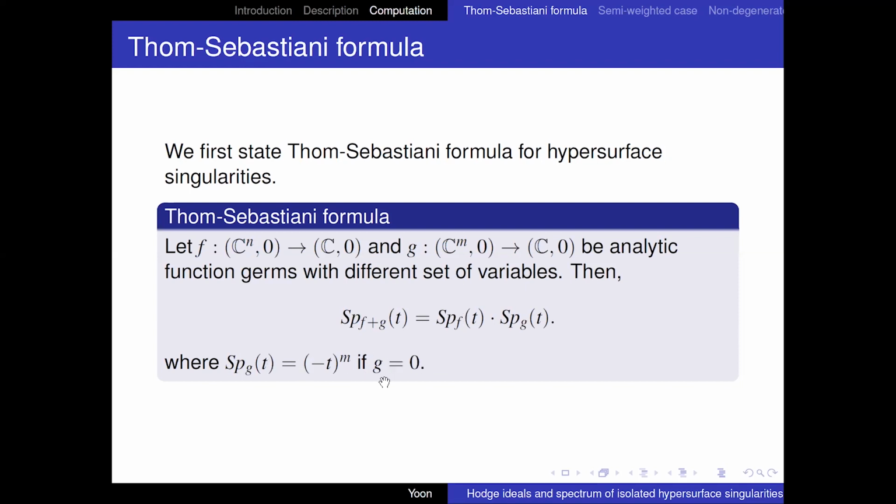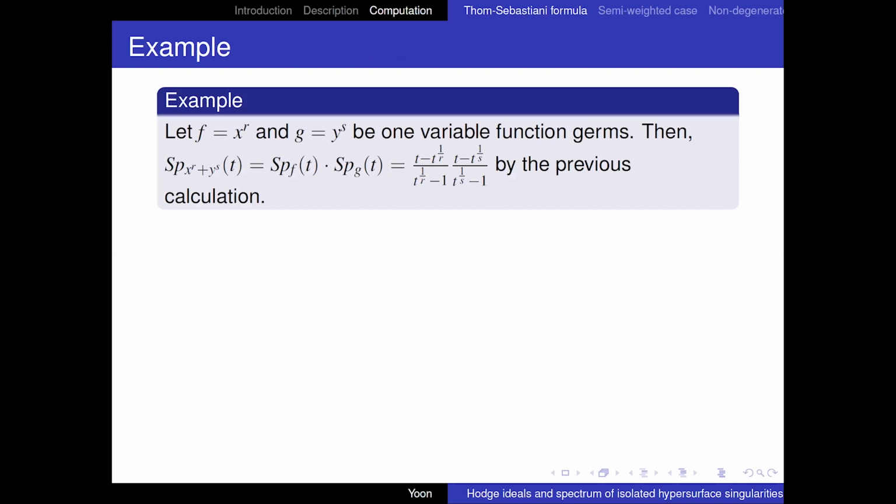So by this we can calculate a non-isolated singularity case, because if we consider an n plus m variable function germ written only in n variables, which has isolated singularities, then the dimension of the singular locus is m along the other variables, so we can use such a method also. All right, that works for everything.